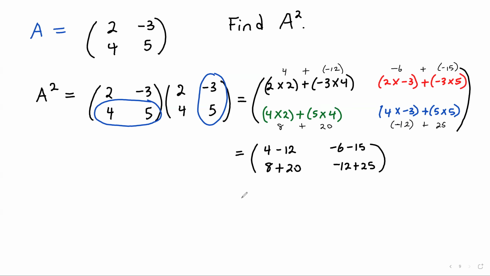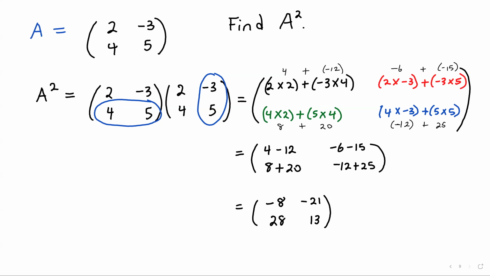the answer would be, well, 4 plus -12 is -8. -6 take away 15 is -21. 8 plus 20 is 28. And -12 plus 25 is 13.